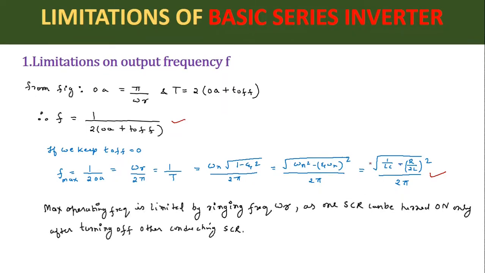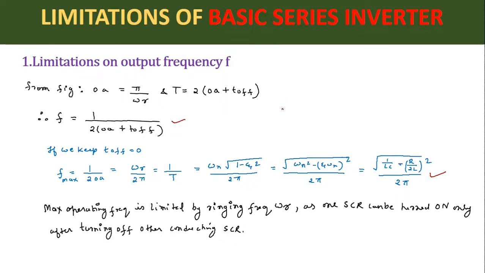So from this equation we can see that the maximum frequency of the basic series inverter is limited by this ringing frequency omega R, as one SCR in the basic series inverter can be turned on only after turning off the other conducting SCR.